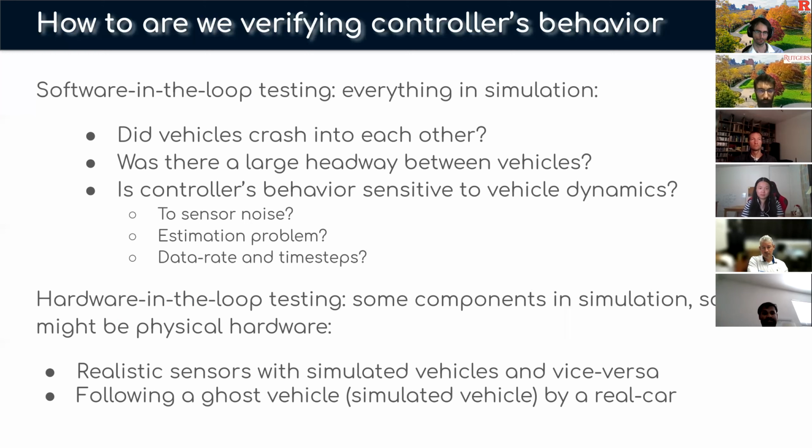Also, we can have realistic sensors, for example some new kind of sensor that we hope to deploy into the car, but for which there is no equivalent sensor in the simulation. So we can plug the real sensor in with the simulated vehicles and study that.